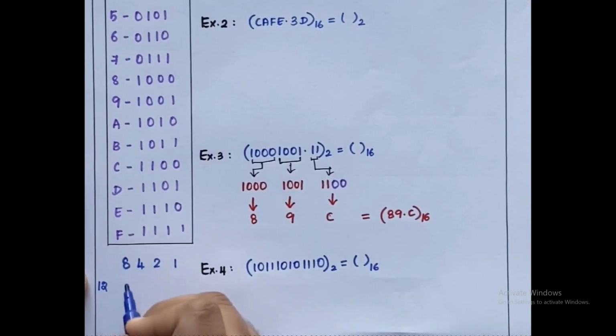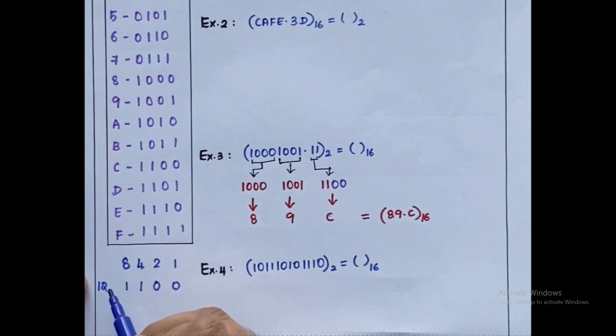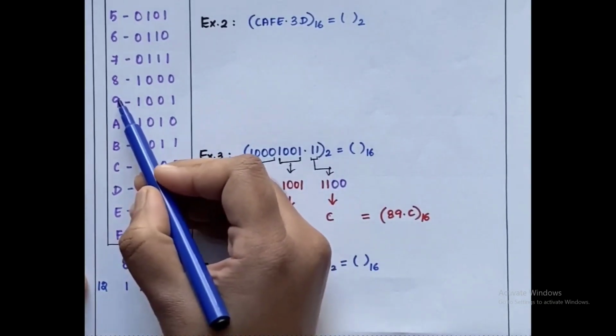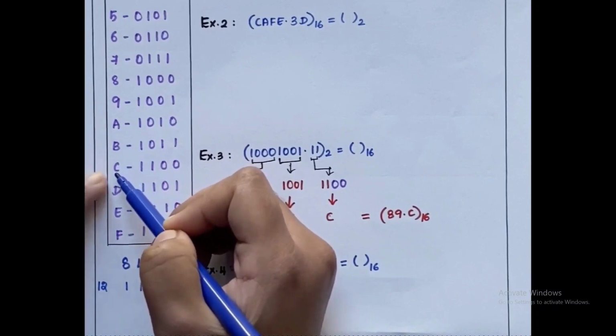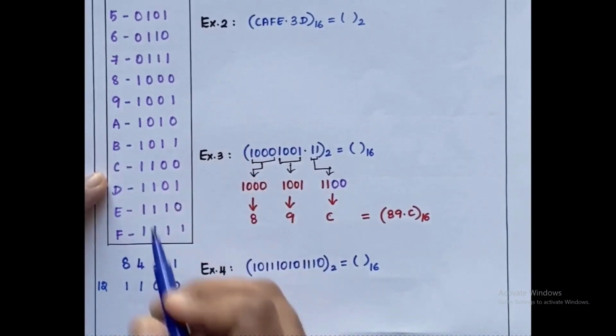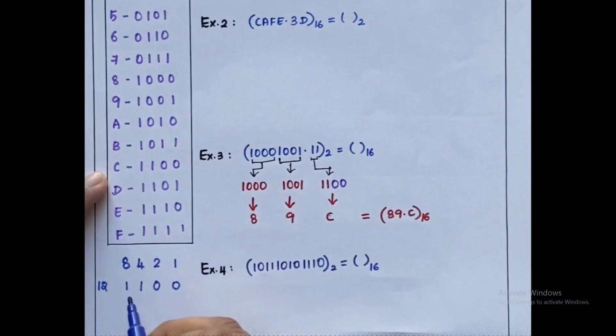Under 8 and 4 it is replaced with binary 1, and under 2 and 1 it is 0. This is the equivalent representation of 12. As you can see, after 9, 10, 11, 12, the value 12 is represented by C and the equivalent binary value is 1100.